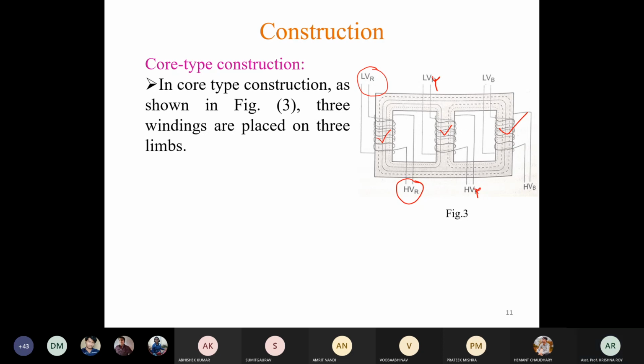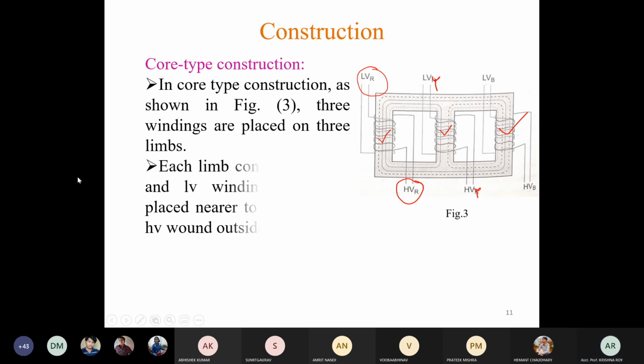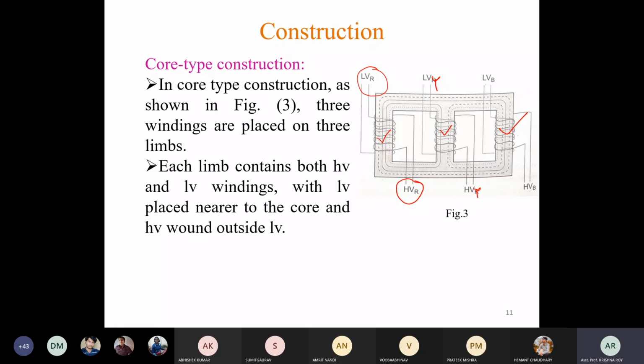Okay, so in all the 3 limbs, first the low voltage winding is placed, that means nearer to the core, and then over that low voltage winding the high voltage winding is placed for all the 3 limbs. Okay, so each limb contains both high voltage as well as low voltage winding.